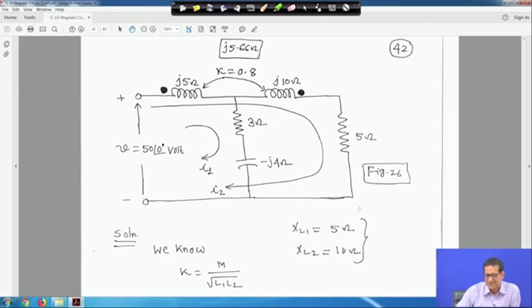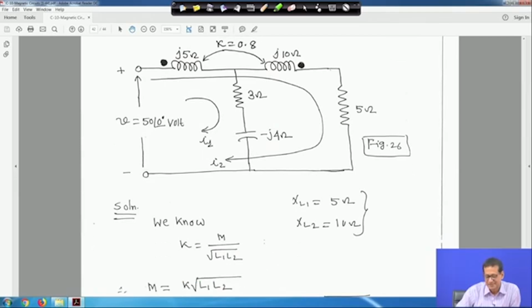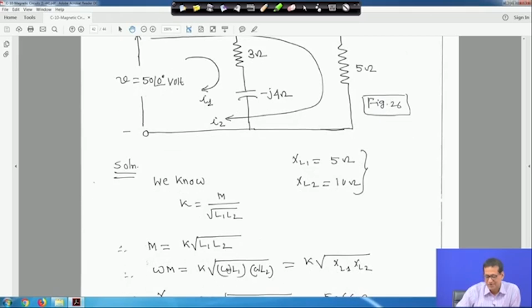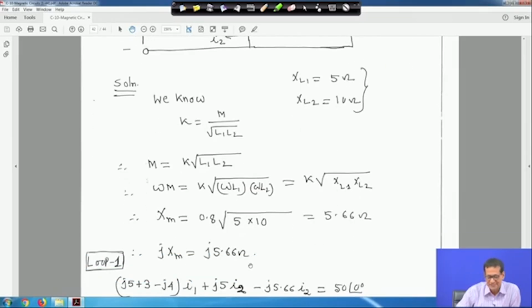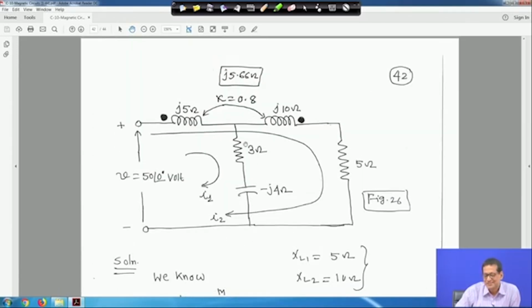XL1 is 5 ohm, XL2 is 5 ohm, and K is computed as M by root over L1 L2. Everything is given. So ωM, then K, up to this I am showing you, this is computed. The rest, please solve it.